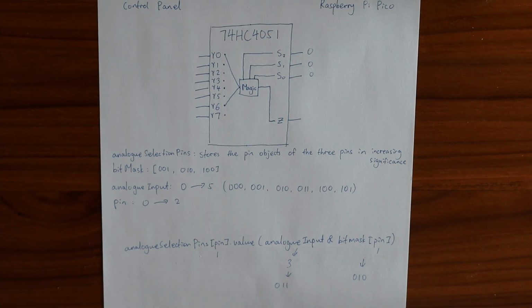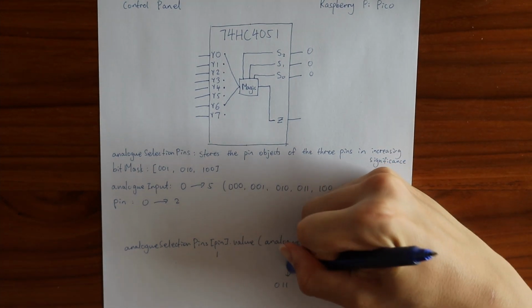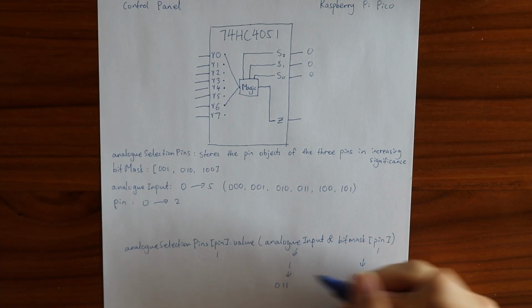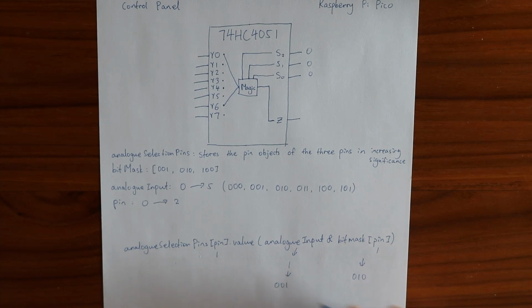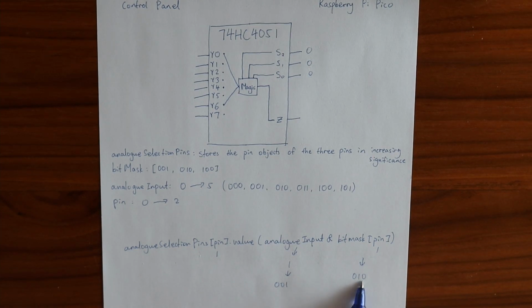Let's say instead of being a 3, this value was actually 1. So the binary representation will be 0, 0, 1. And when you're ANDing multiple digit binary values, each value gets ANDed separately.